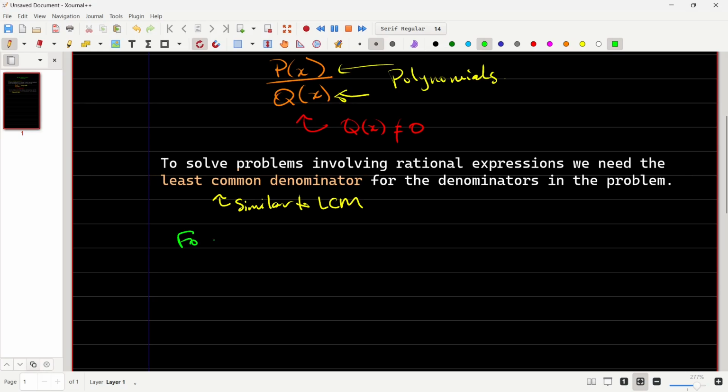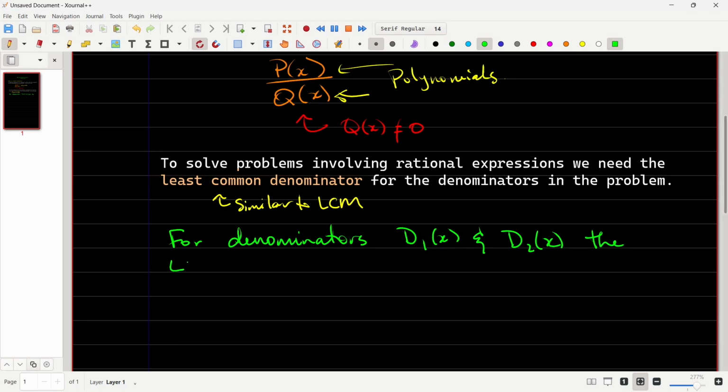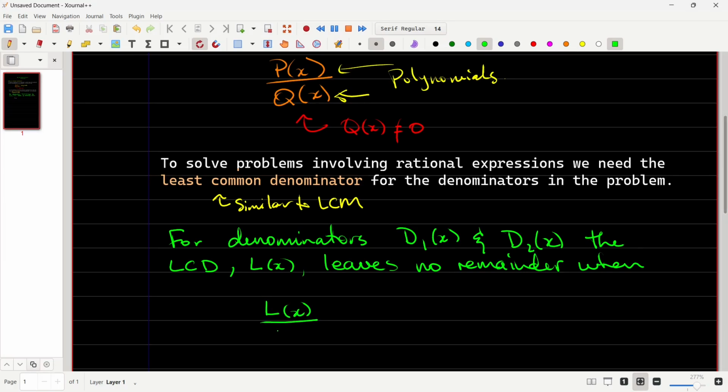So for denominators d1(x) and d2(x), the lowest common denominator L(x) leaves no remainder when L(x) is divided by d1(x) and L(x) is divided by d2(x).